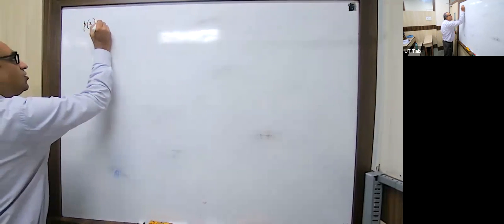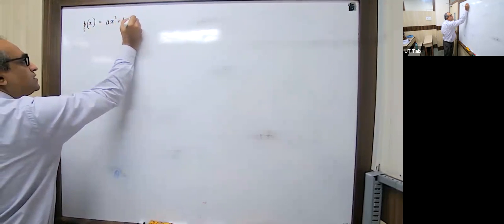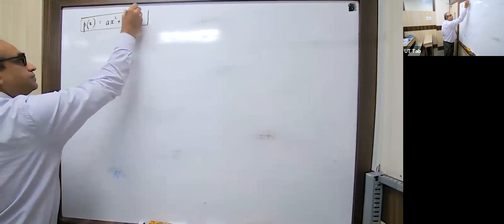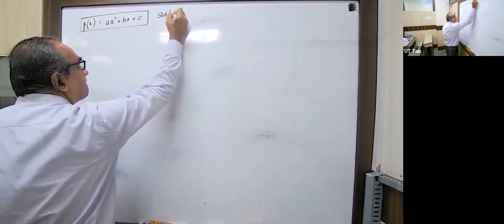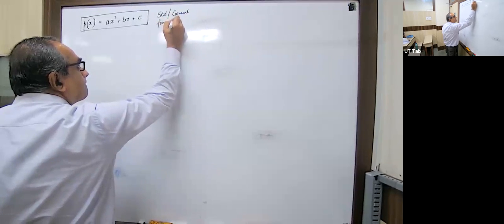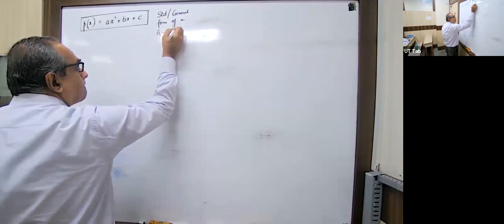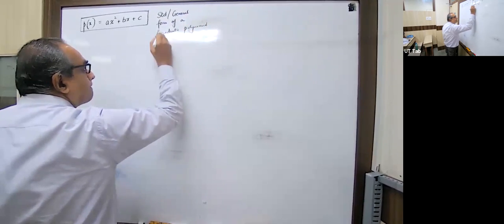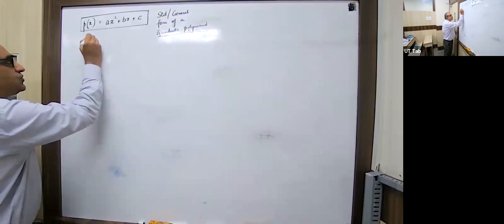The standard or the general form of a quadratic polynomial is ax squared plus bx plus c.